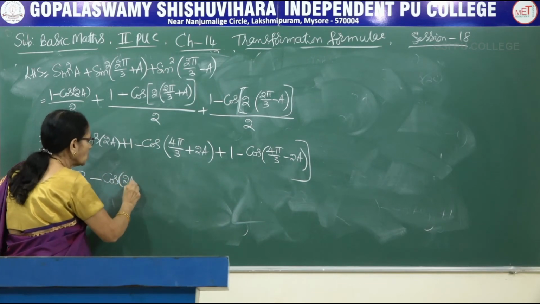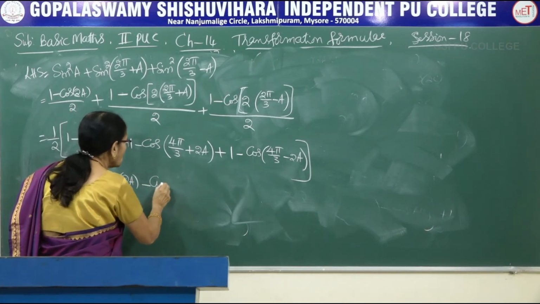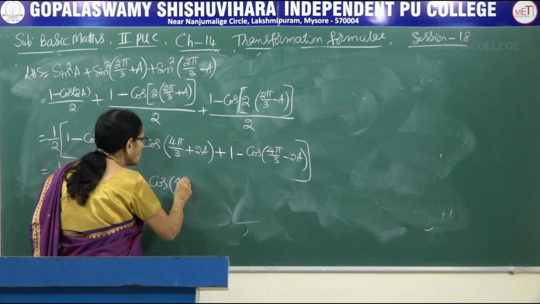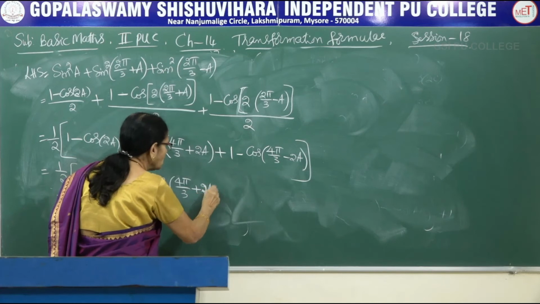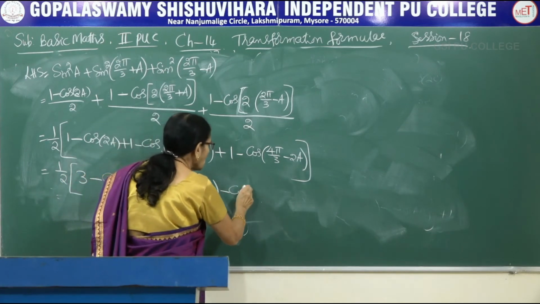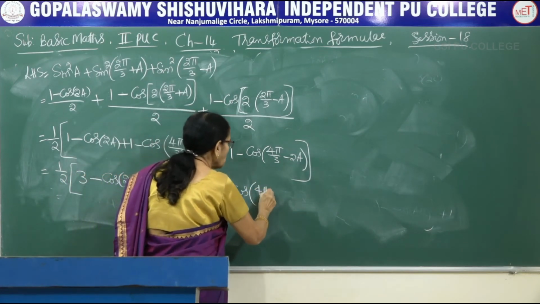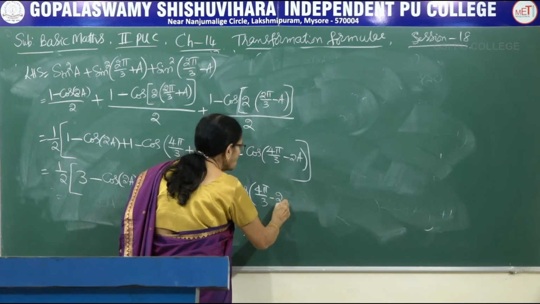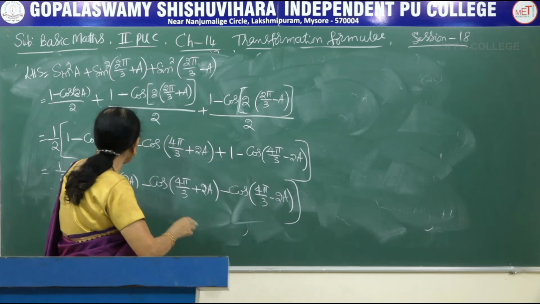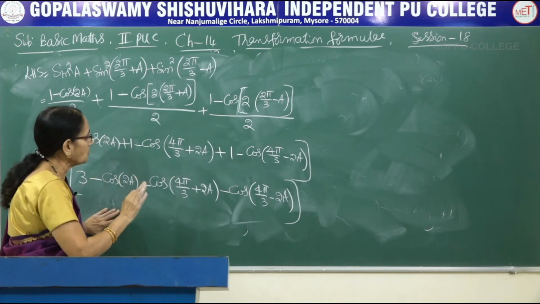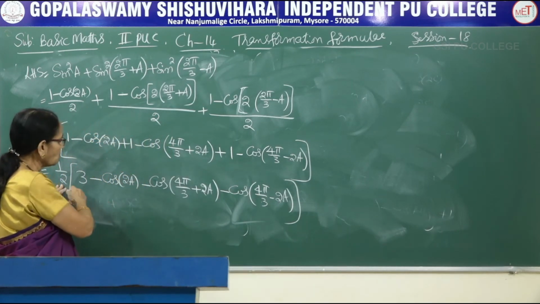Cos of 2a minus cos of 4 pi by 3 plus 2a minus cos of 4 pi by 3 minus 2a. Now close the bracket. So we have added the constant 1 plus 1 plus 1, 3 by 3 and a half is outside.